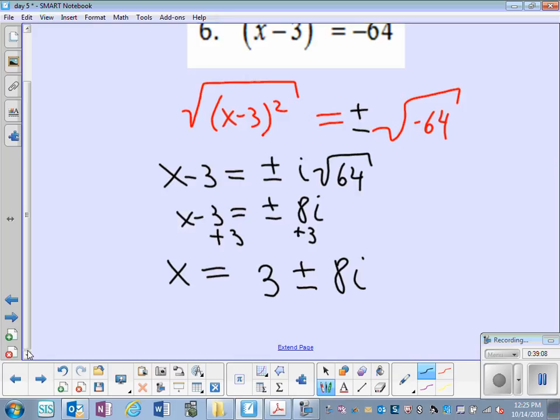Two complex numbers with a different plus and minus before the imaginary part. Last class we learned that. Conjugates. Yes. Remember that? Okay, questions about this?